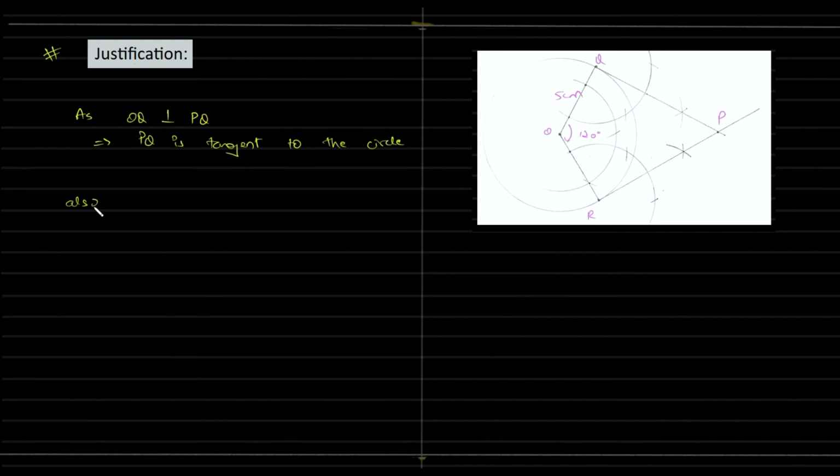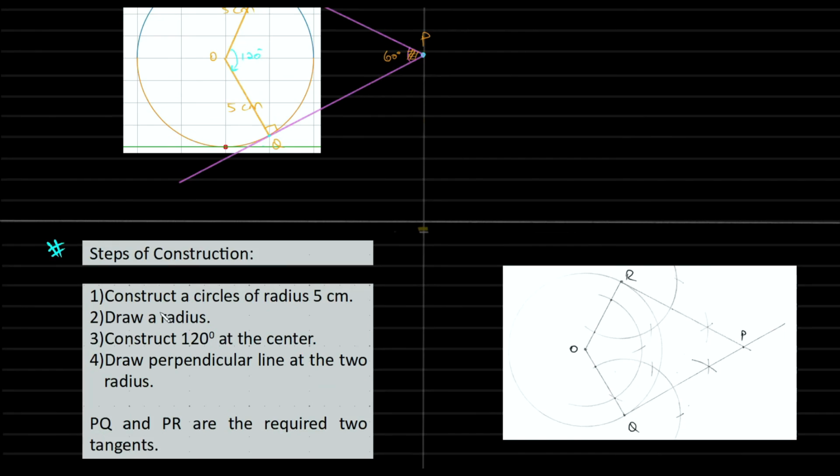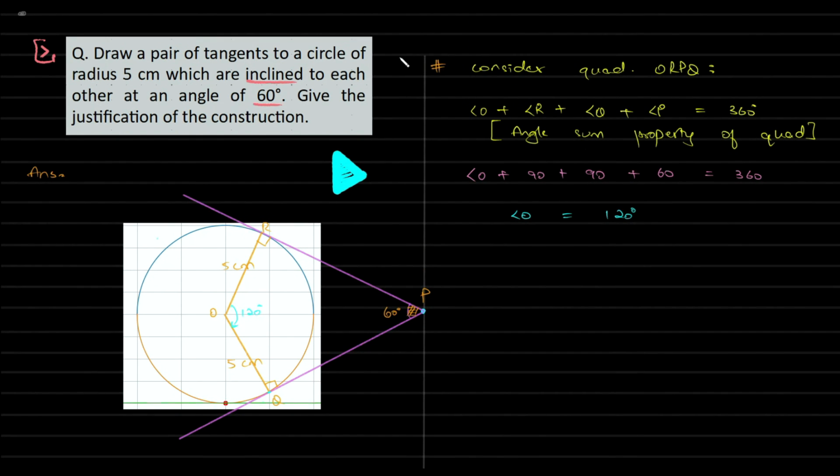Also, PR is perpendicular to OR. This implies PR is tangent to the circle. That would be a justification.